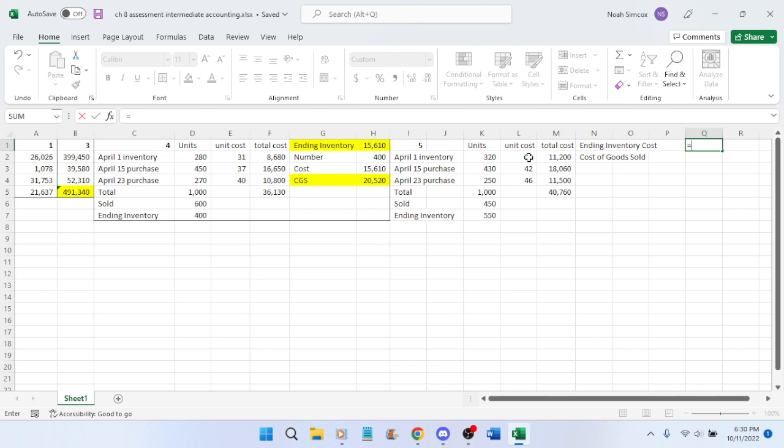So your ending inventory is 550, so you have this plus, now that's going to go over, so you do 550 minus the 320 you already had. In fact, you can just do this minus the one you already did, times the new cost of this. And that should give you the answer.